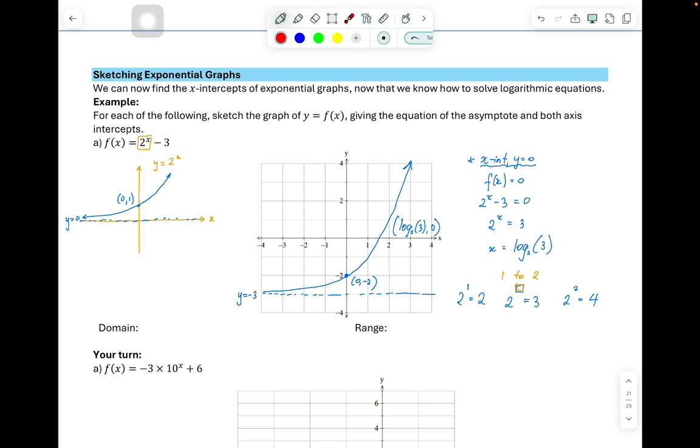Now, just for fun, let's go ahead and find these extra points. I'm just going to do the calculation over here in green, when x is equal to 1 and when x is equal to 2. In other words, for our f of x function, we can find f of 1 and f of 2.